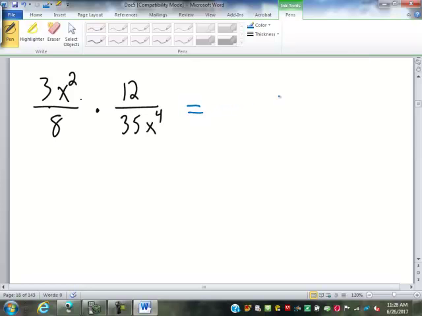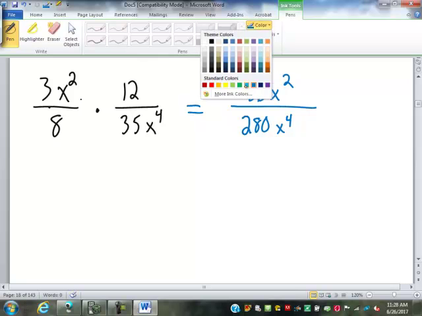Probably the simplest way to do it is to just multiply them out. 3x squared times 12 is 36x squared. 8 times 35x to the 4th is 280x to the 4th. This can be reduced.